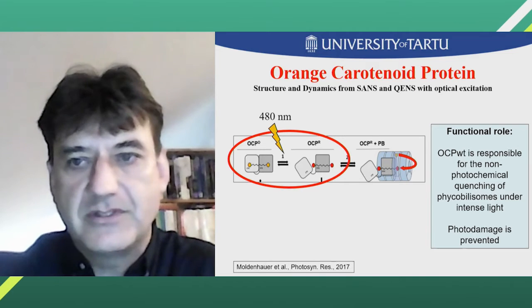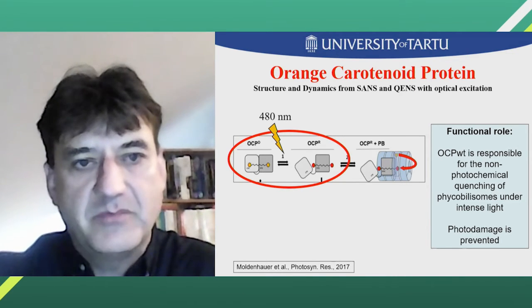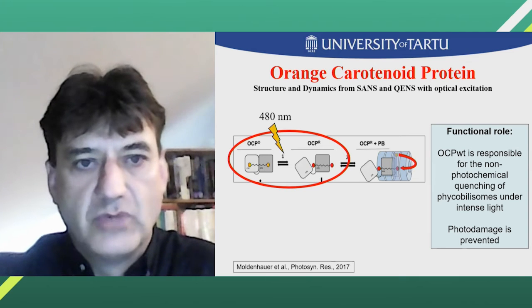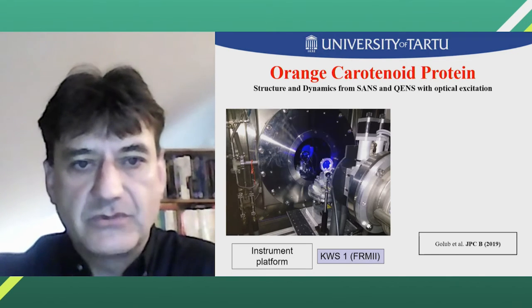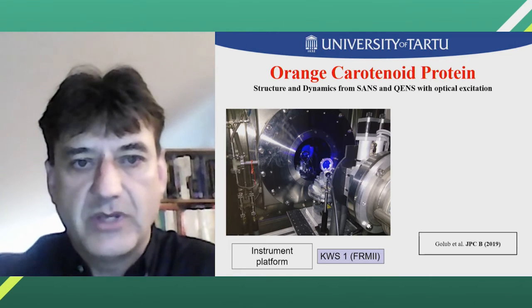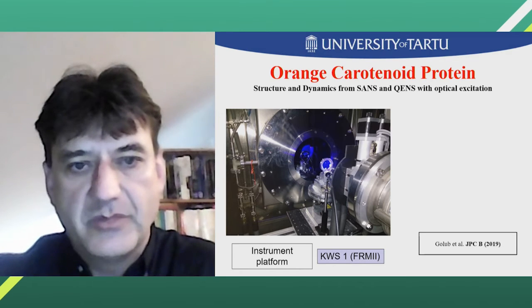And we are interested in this first step here that can be induced with 480 nanometer blue light. This means we have to interface this light excitation with the small angle experiment here shown for an instrument at MLZ München in Germany.